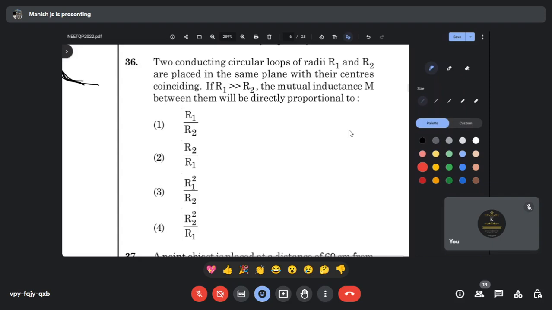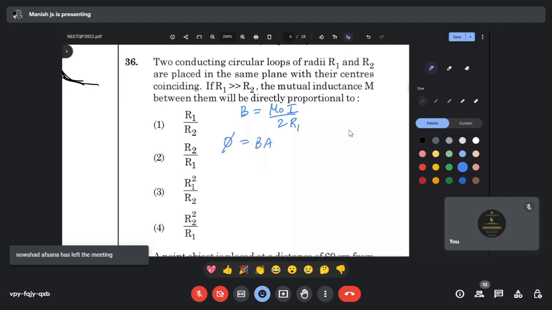Direct application. So what is magnetic field? For conducting circular loops, the magnetic field is given by B is equal to mu naught I by 2R. So for the first one, it is R1, so we can write 2R1. Okay? When you substitute in mutual inductance, obviously you need the magnetic flux also. So the magnetic flux linked with them, the formula is phi is equal to BA.